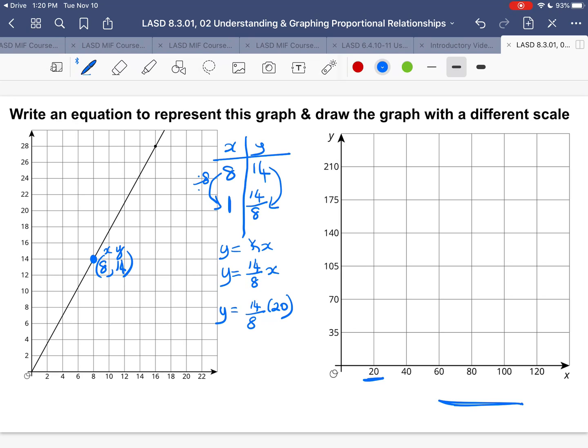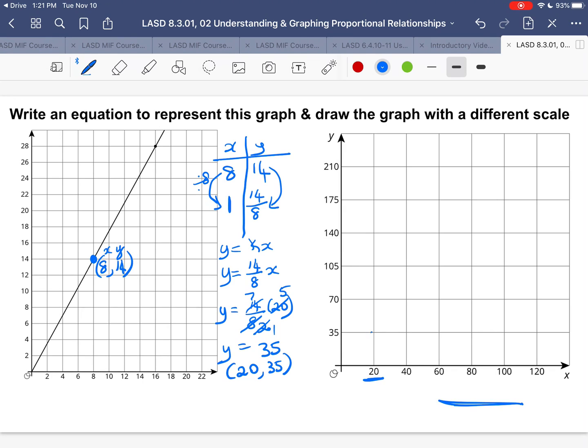So 14 over 8, I'm going to divide 8 by 4, I get 2, and 20 by 4, I get 5. And then I'm going to divide 2 by 2 and get 1, and 14 by 2, I get 7. So y equals 7 times 5, which is 35. So when x is 20, y is 35.